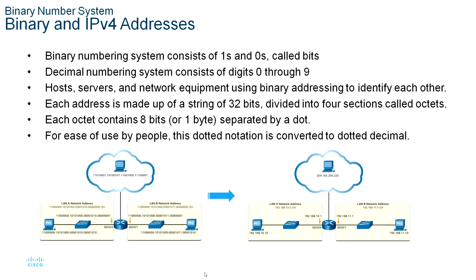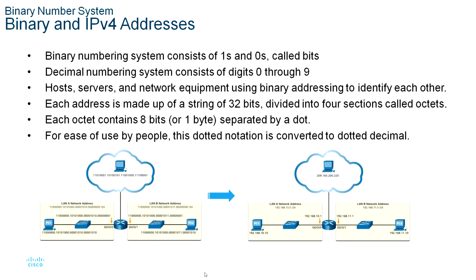Especially, they use binary IPv4 addresses. In the diagram, there is the LAN A network address and the LAN B network address. Each and every device, including the router, also maintains device addresses.